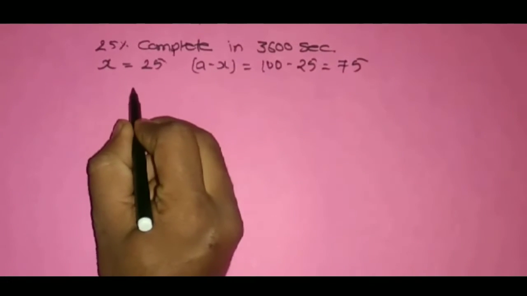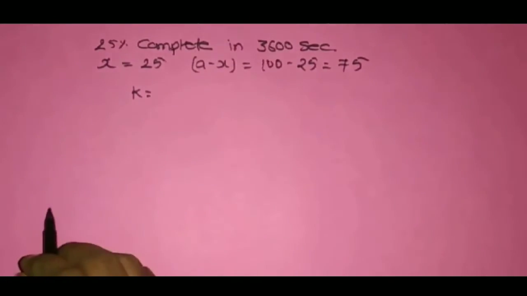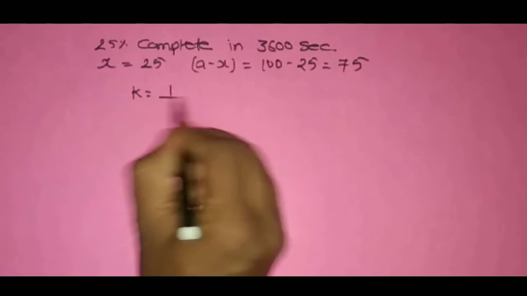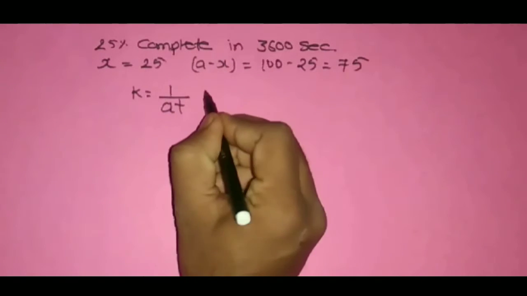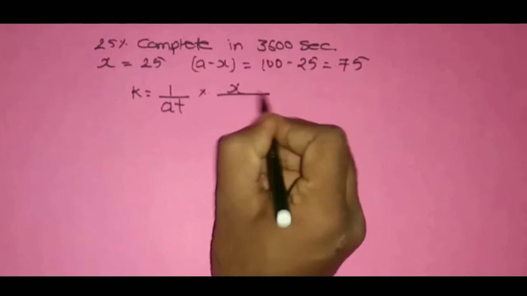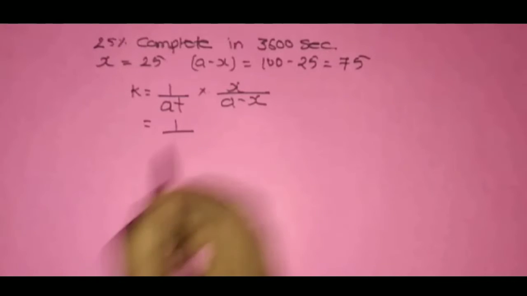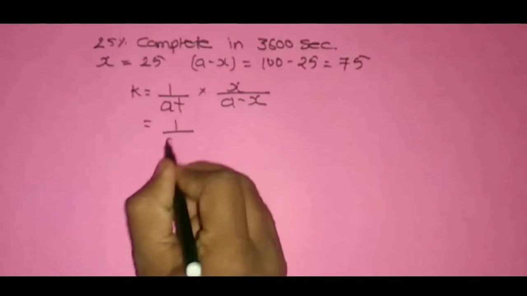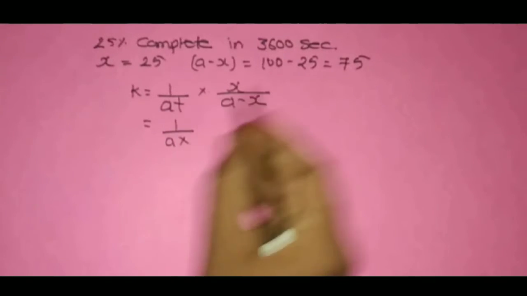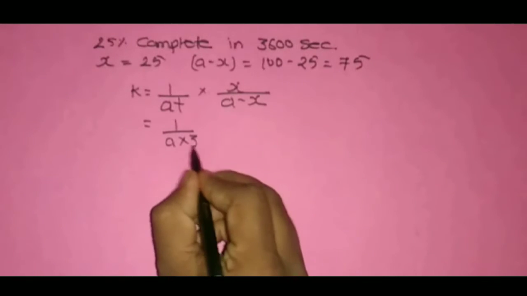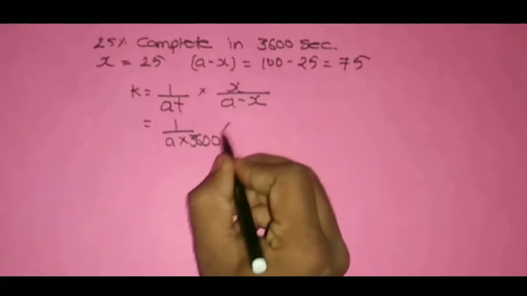75. So I'll write the equation for rate constant for second order reaction, that is k equals 1 upon a t into x upon a minus x. Now we don't know the value for initial concentration, so I'll keep it as it is, a, and time is given as 3600 seconds.